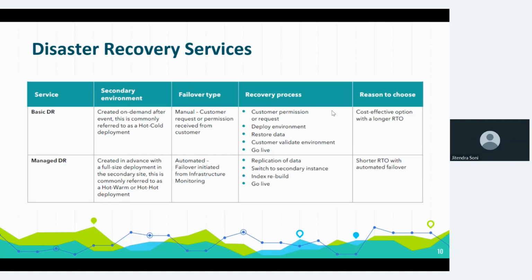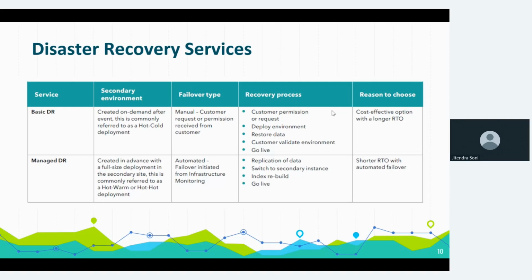The second approach is managed DR. It is a full-size deployment and works as a secondary deployment unit. You deploy all your code to a replica of the existing resources and keep them up and running.